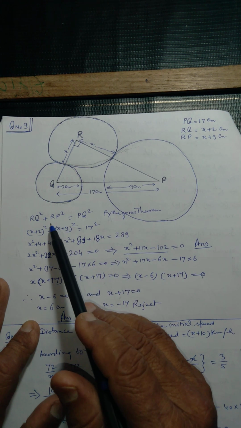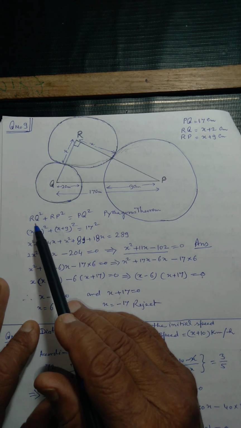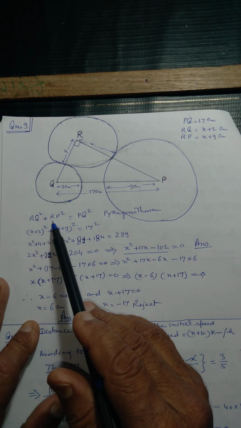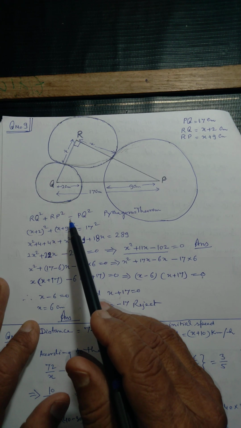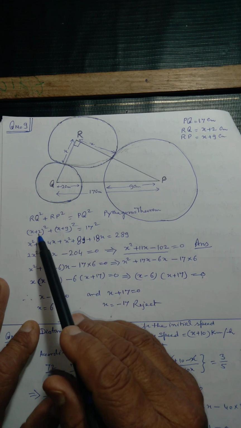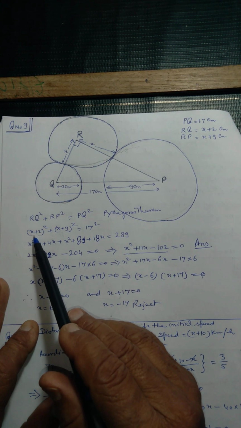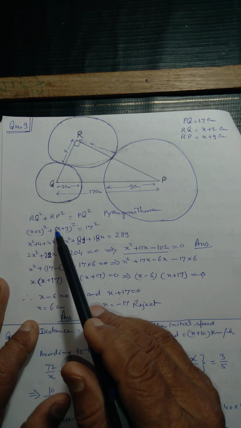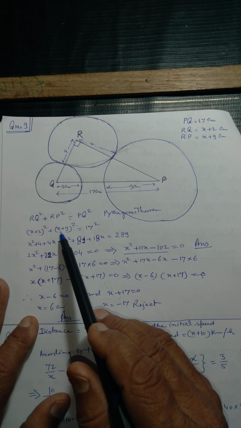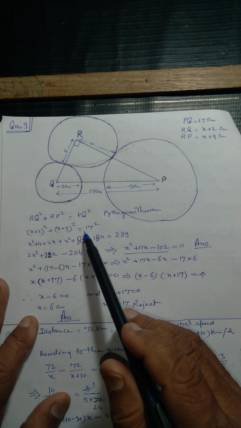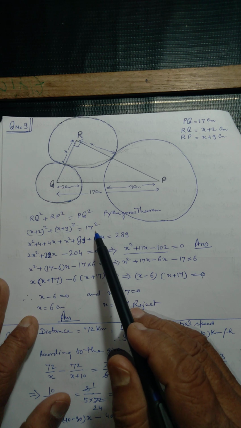So by applying the Pythagoras theorem, RQ square plus RP square is equal to PQ square. So in place of RQ I have written (x plus 2) whole square, and for RP I have written (x plus 9) whole square, is equal to 17 square.